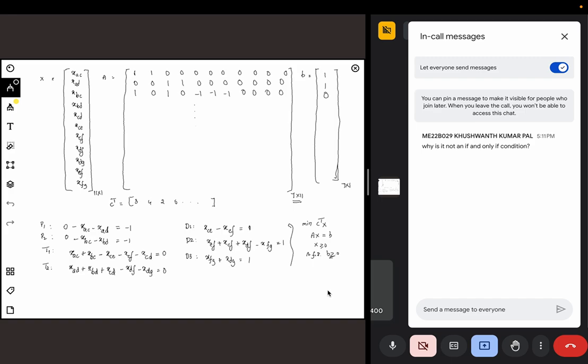No, the first row has only ones, it doesn't have a minus one. But if you take a column, then definitely there will be a minus one somewhere, because conservation has to hold. If something is going somewhere, it has to come out. You are saying it has to have both one and minus one. The third row has it, but the first row doesn't, right?